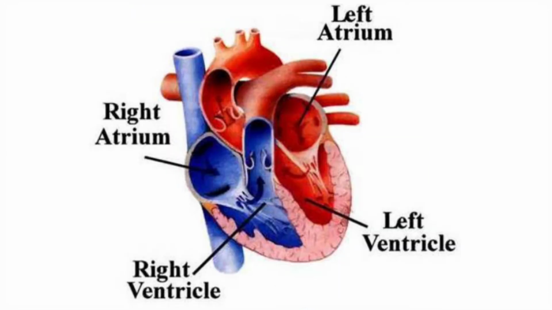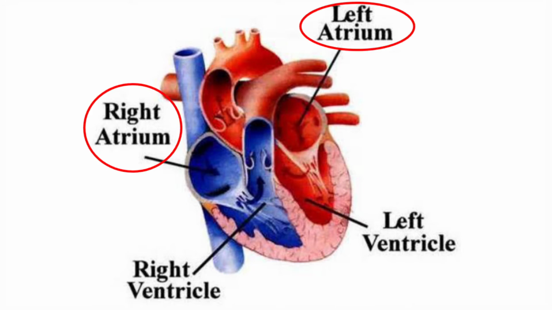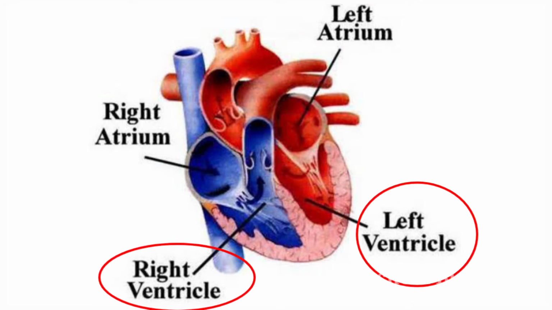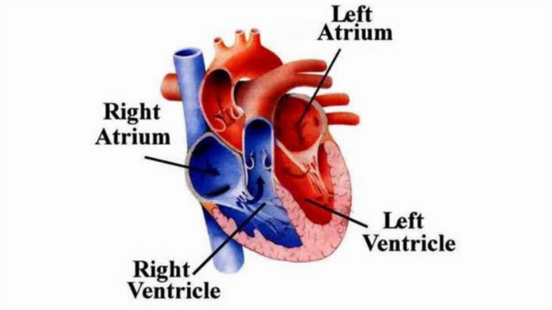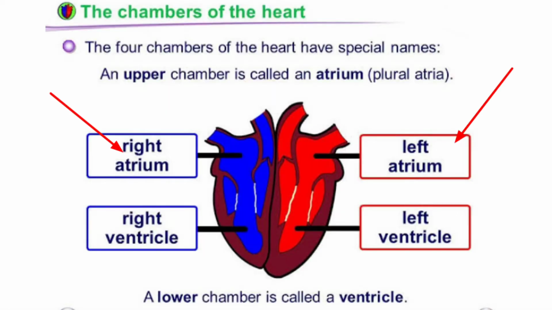The heart has four chambers, we know that: two upper chambers and two lower chambers. The upper chambers are called atria, or atrium, or auricles, and the lower chambers are called ventricles.